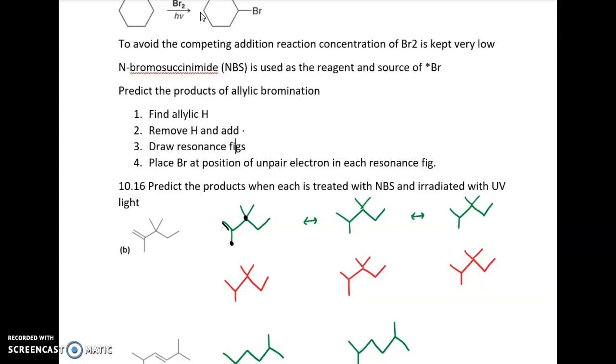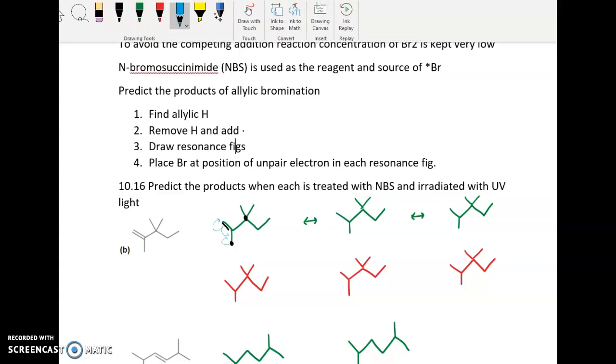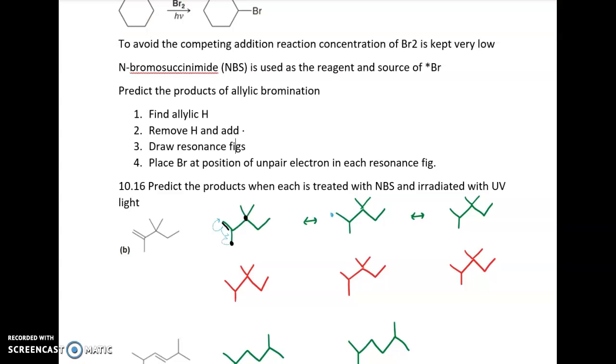What can happen is we can have one electron go here, one electron goes there to make a double bond, and we'll have one electron go to the end. So we'll end up with a compound that has an electron here and a double bond here.